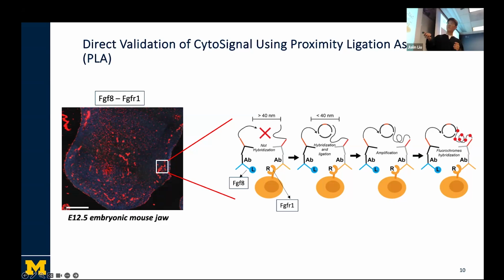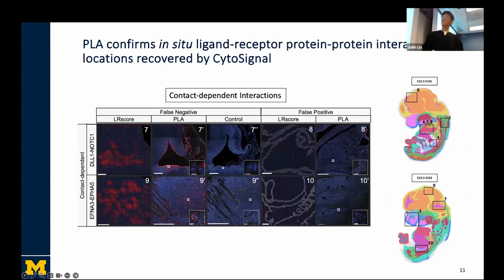Once these primary antibodies come close together, specifically less than 40 nanometers, it will give you a red fluorescence signal. Therefore, in the context of ligand-receptor binding, we think this PLA technique is wonderful. It provides direct evidence of whether the proteins are really co-localized, really close to each other on the cellular surface.